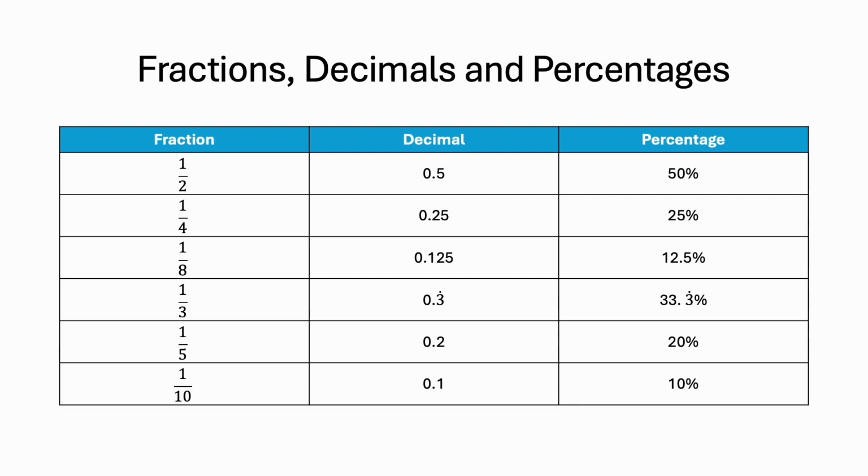So a half is 0.5, which is 50%, a quarter is 0.25, which is 25%, an eighth is 0.125, which is 12.5%, a third is 0.3 recurring, which is 33.3 recurring percent, a fifth is 0.2, which is 20%, and a tenth is 0.1, which is 10%. These are the stuff that you just need to know off the bat from the top of your head.